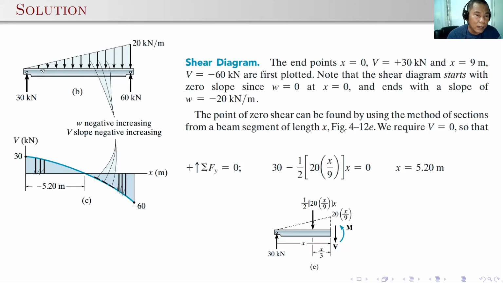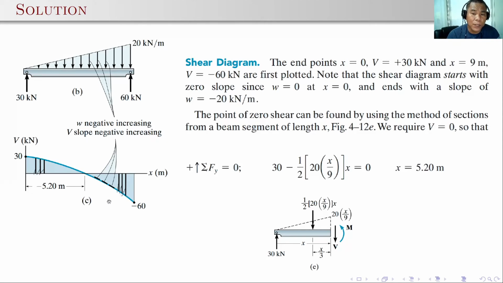Take note, since the triangular loading goes downward, your shear will also go down up to -60. Again, we have a negative increasing W, so the slope of the shear should be negative increasing.